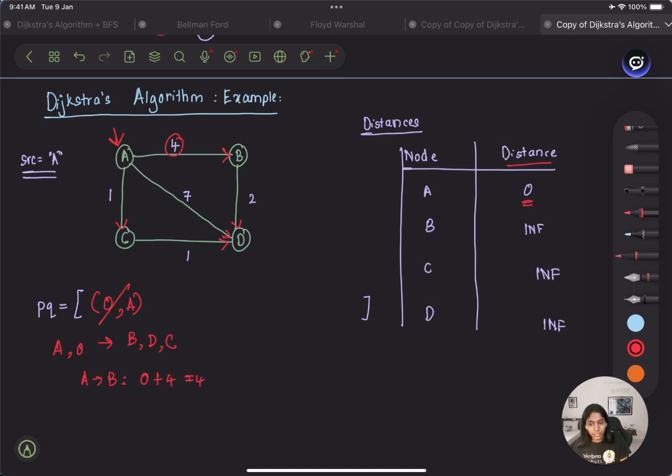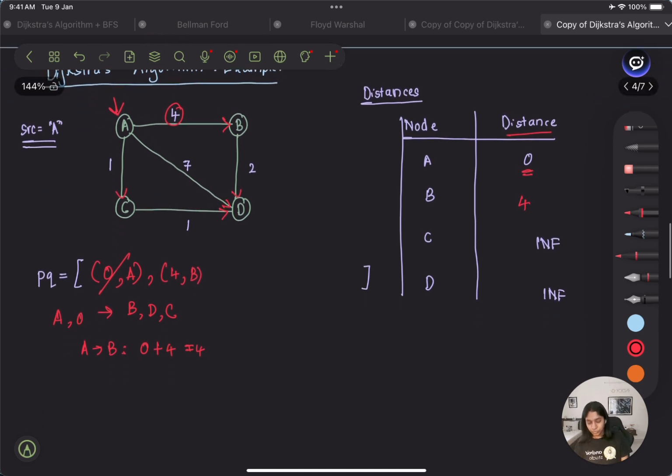I check the distance of B, which was infinity. This is obviously smaller, so I update that to 4. To my priority queue I add that it takes a distance of 4 to reach B from the source node.